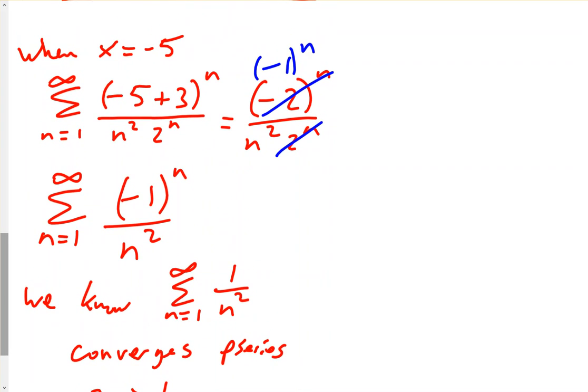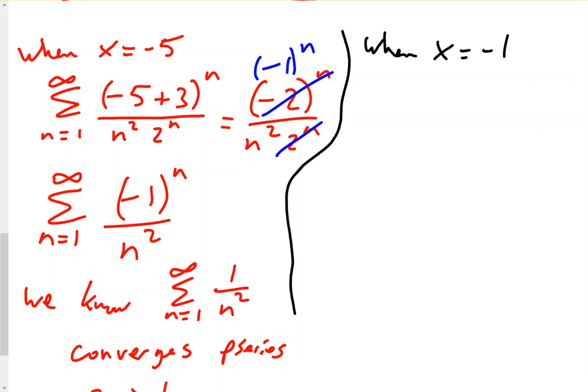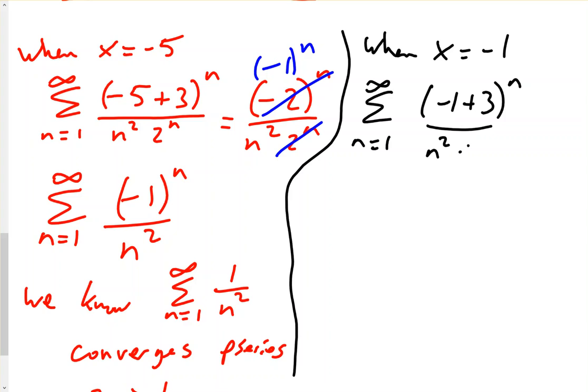Now let's look at what happens when x equals negative 1. So when x equals negative 1, we have negative 1 plus 3 to the n over n squared times 2 to the n.